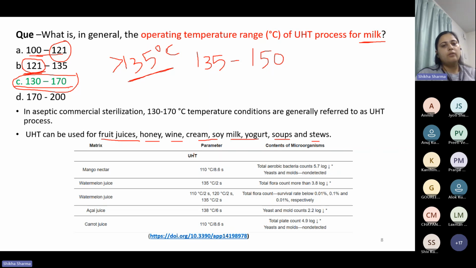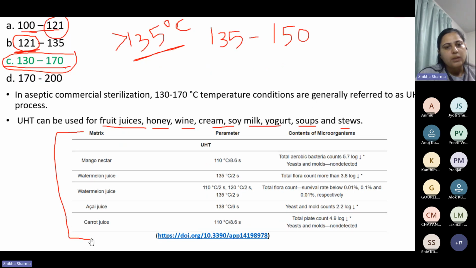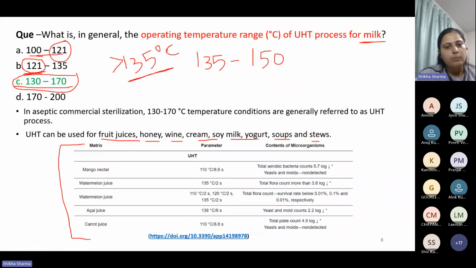So there is also a disadvantage of this method. There was one research paper in which they used different food products and treated them with different UHT temperatures. They were doing research over it.